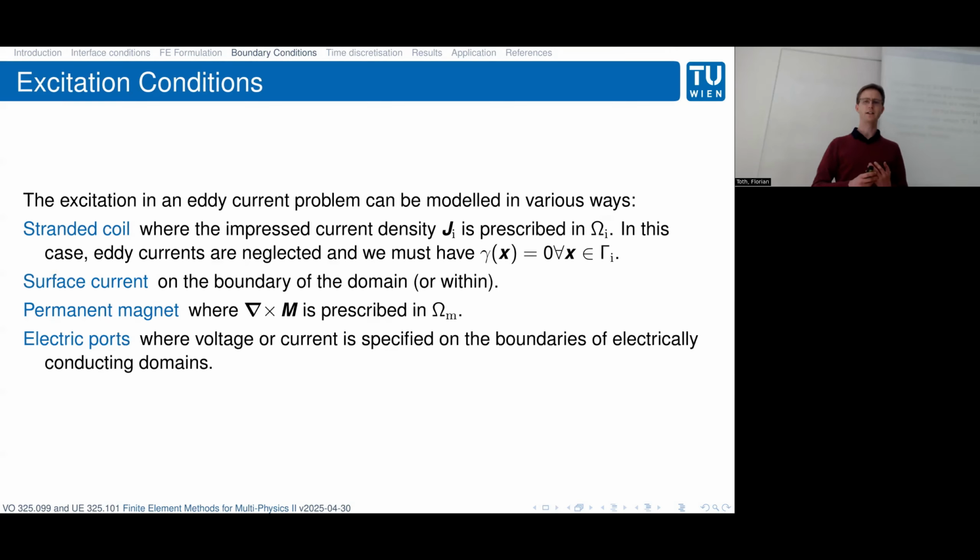And the last but very important excitation condition is so-called electric ports, where we have some massive inductors that will carry eddy currents also, so conductive regions that have some boundaries with the edge of the domain where we want to prescribe some given current or voltage between these ports.